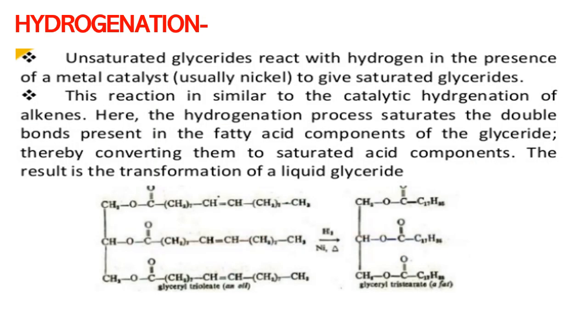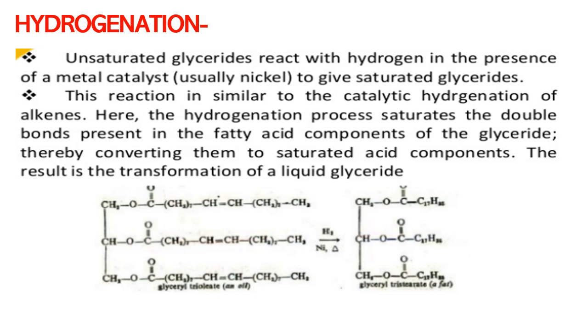Next, hydrogenation. Unsaturated glyceride react with hydrogen in the presence of a metal catalyst like nickel to give saturated glyceride. This reaction is similar to the catalytic hydrogenation of alkenes.